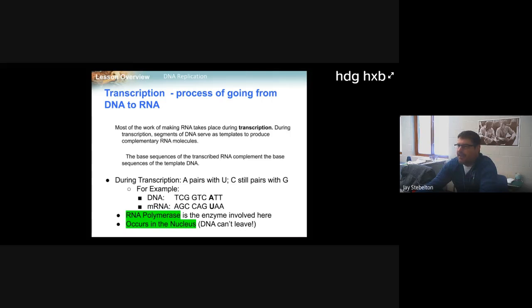The RNA polymerase is the enzyme involved here, and it occurs in the nucleus. So this is the actual loading of the roller coaster. And here's what I mean by that.